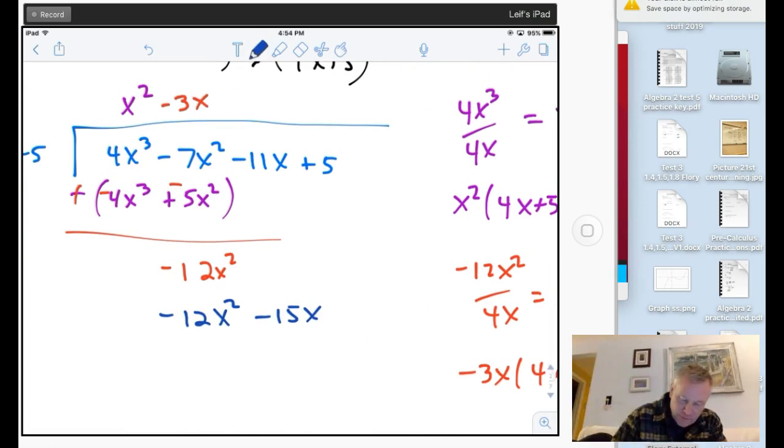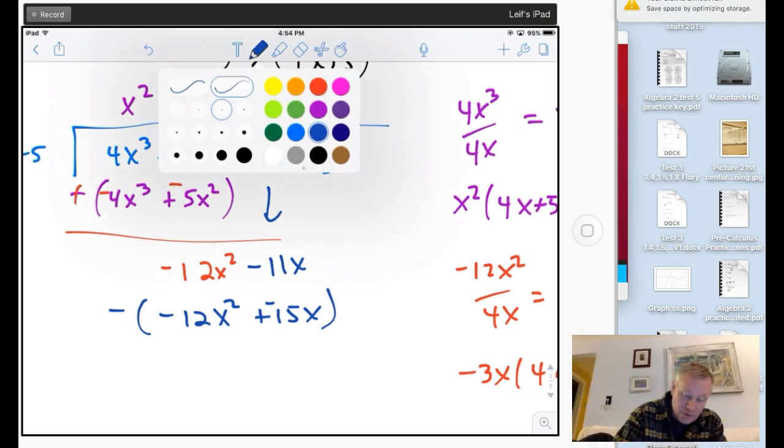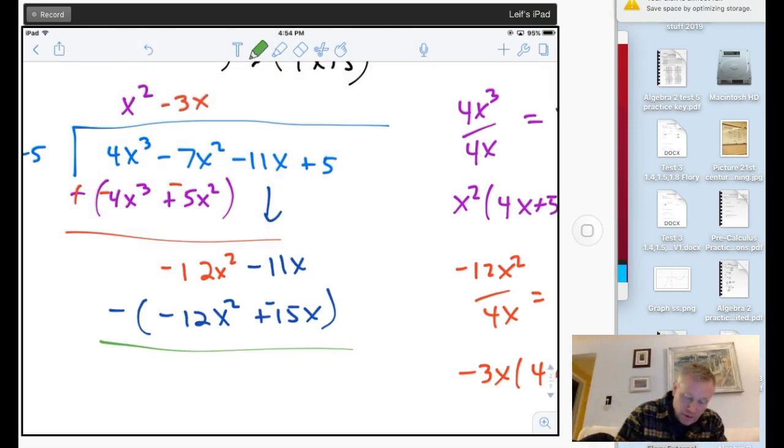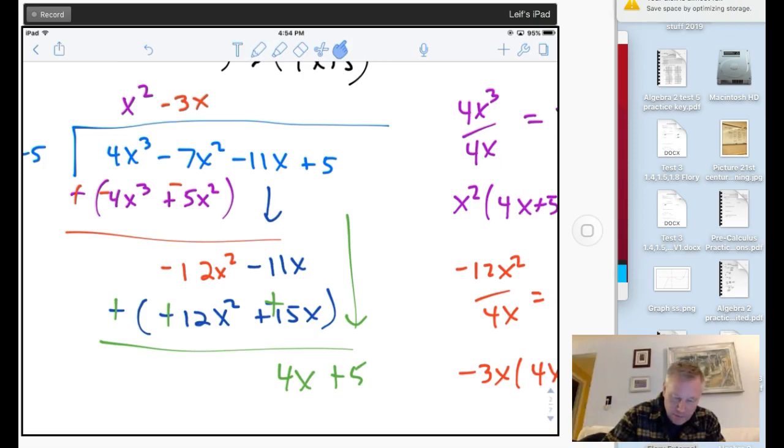Or plus negative 15x, either way. So the other thing I'm going to do is I need to bring down that minus 11x, okay? And now I'm going to subtract both of these, which means I want to change all the signs around here. So I'm going to make those pluses, and now add straight down. And I get negative 11 plus 15 is 4x. I'm going to bring down the plus 5.